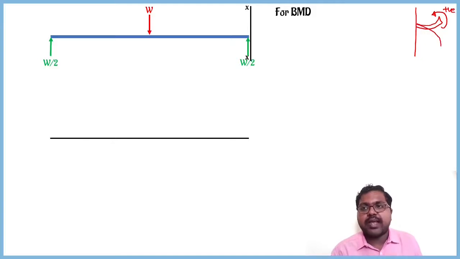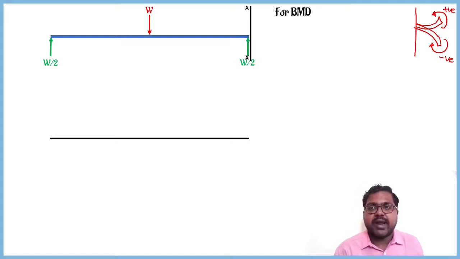Or if it is hogging, which means a clockwise movement is acting on the right side, then it is negative. So keeping this sign convention in mind, now let us calculate the bending moment in this case.